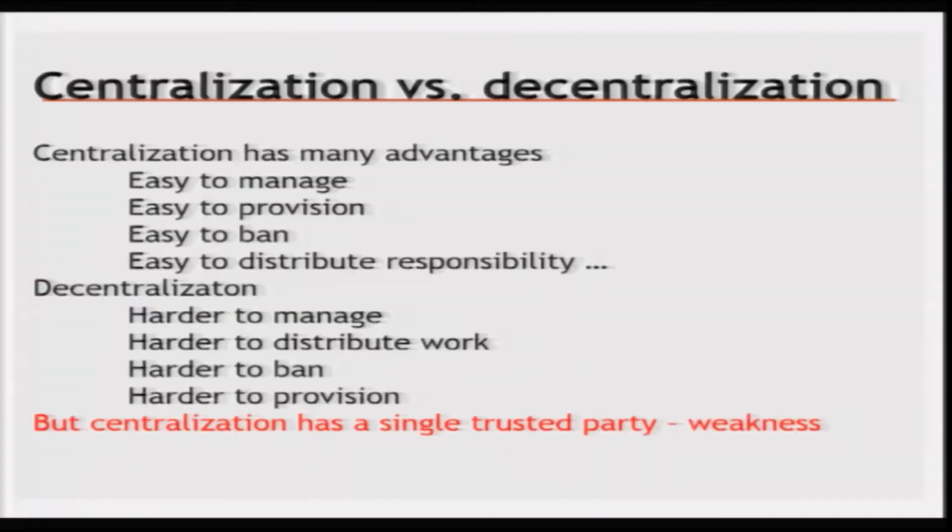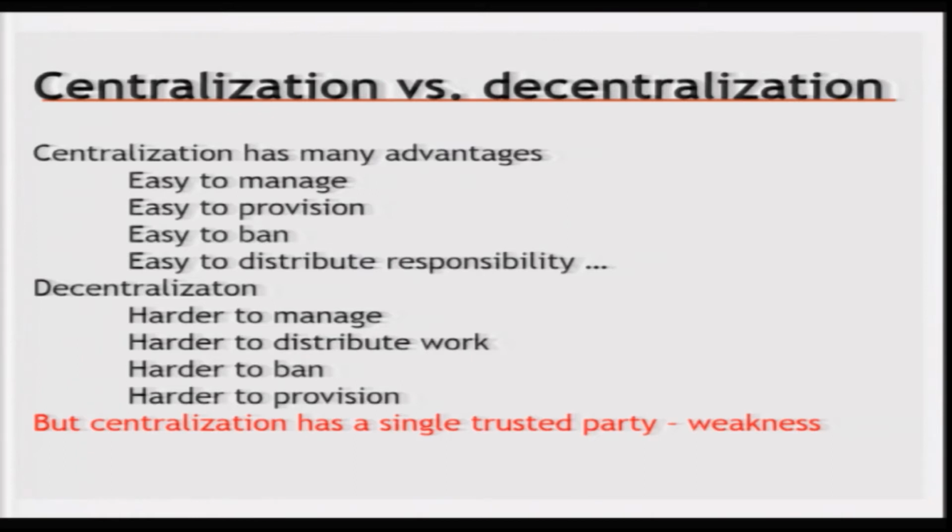Now, centralization has many advantages. For example, it is easy to manage. A bank will not have to worry about having replicas and privacy issues, because if you have many replicas, you have to make sure that the data is kept private, all that kind of stuff. It is easy to provision. For example, if you want to create a new account, you just make a change in the central database.